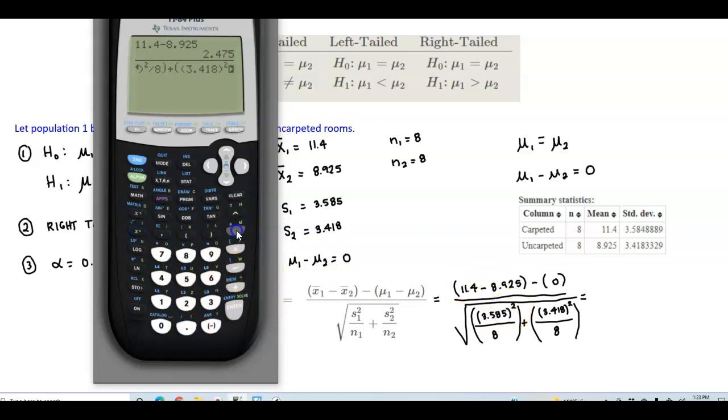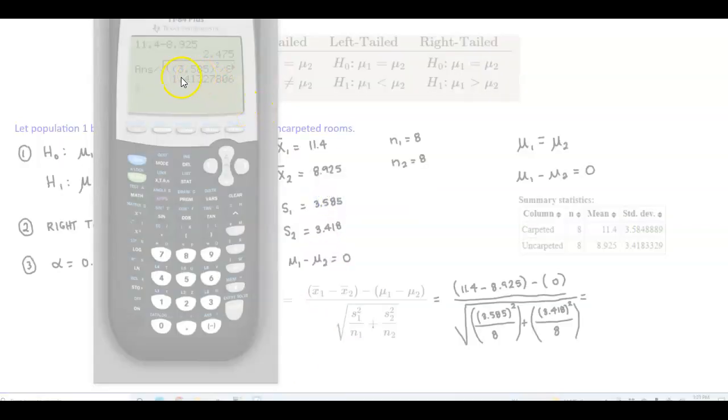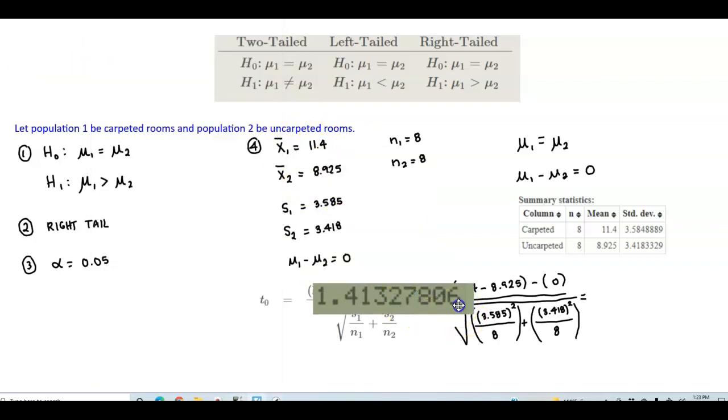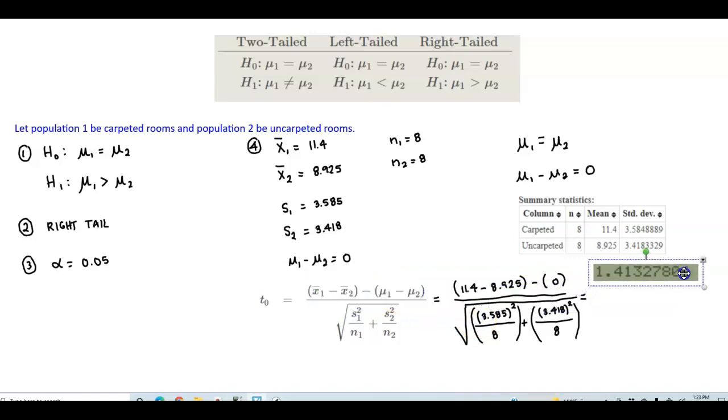And then we're going to also divide that by 8 and then close the parenthesis to close that part. Hit the arrow key to the right so we can go ahead and select enter, and then we get the following test statistic. So let's go ahead and copy this answer. So this is our result, and if we round it to 2 decimal places, we get 1.41.